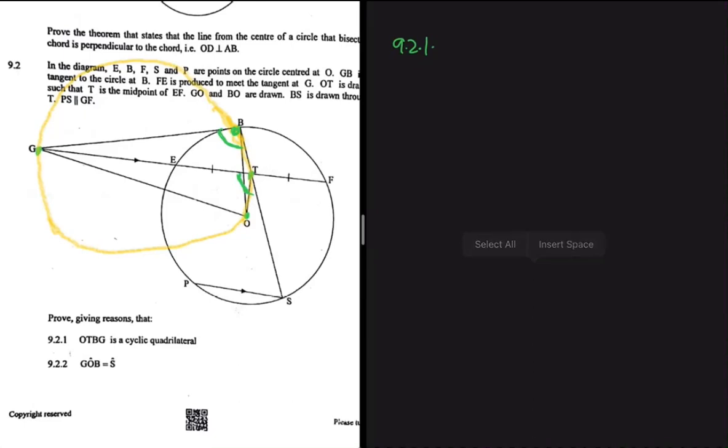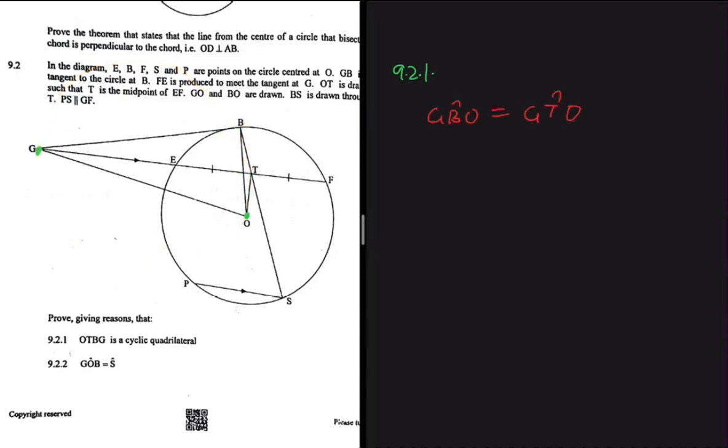So if we prove that those angles are equal to each other, then we have proved that OTBG is a cyclic quad. So let's go ahead and try that. So let me just erase this. So we are required to prove that angle GBO is equal to angle GTO. If we can prove that, then indeed OTBG is a cyclic quad, right? So let's go ahead and try and prove that.